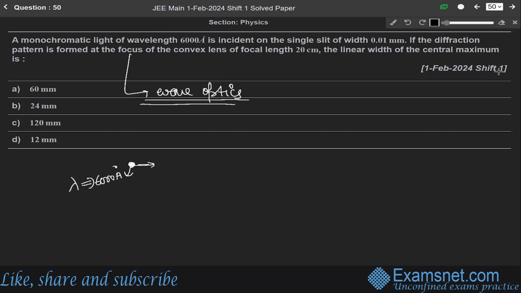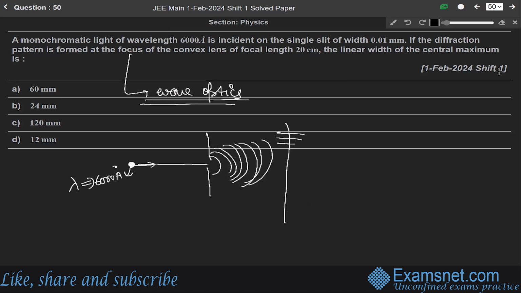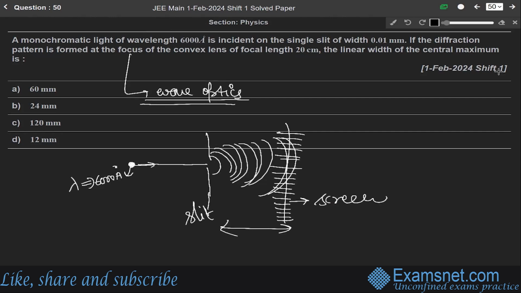Okay, it is incident on a single slit, and wavefronts are coming from it, and on the screen it is forming a diffraction pattern. This is a screen, this will be the slit, and this is the distance between slit and the screen. And let us say the diffraction pattern is formed at the convex lens.